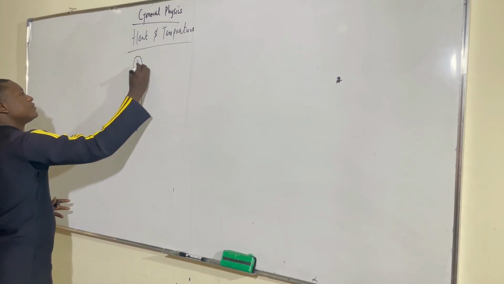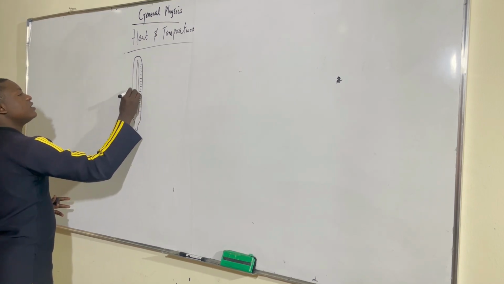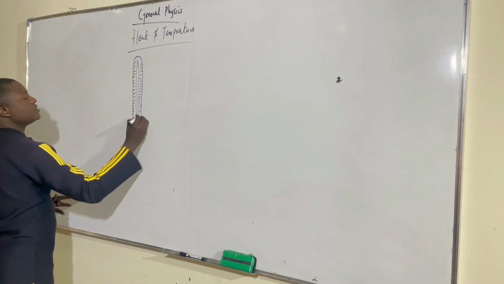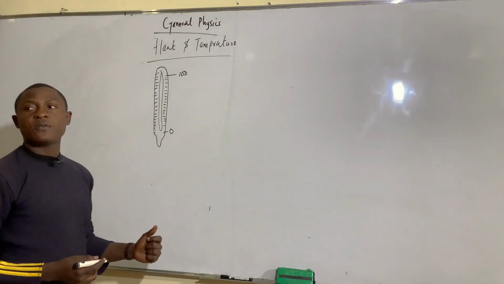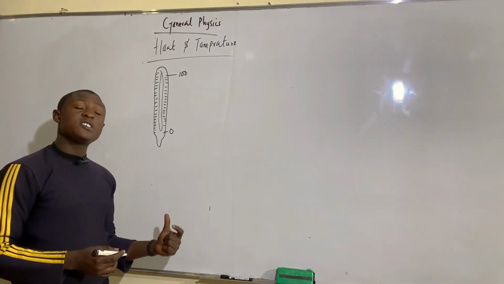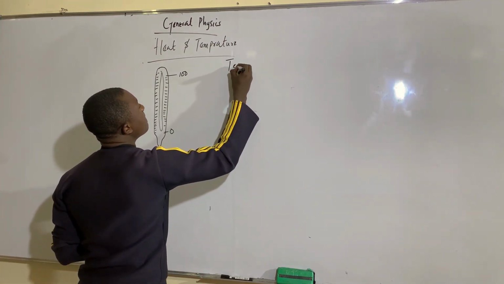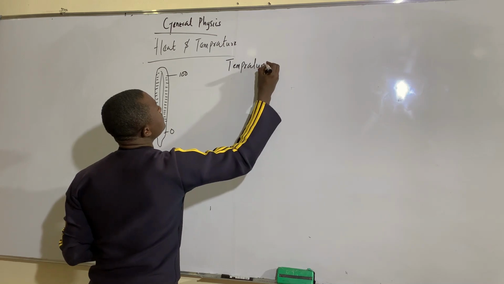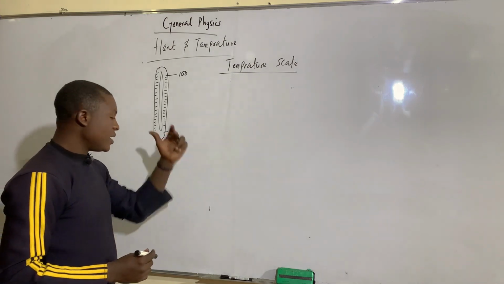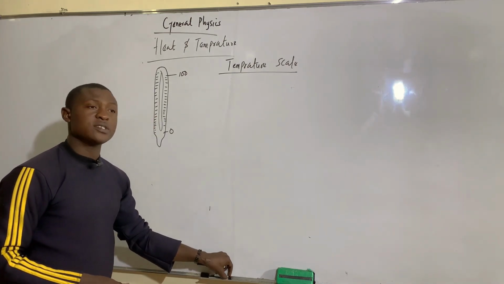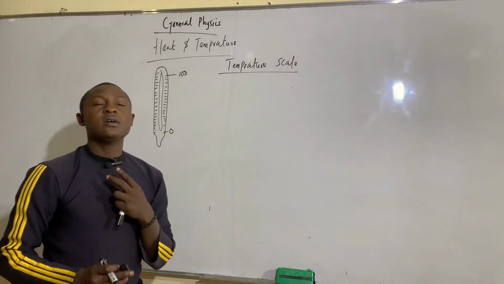Let's say it started from 0 or any number, and maybe it ended at 100, for example. So where it started from is what we call the lower fixed point, and where it ended is what we call the upper fixed point. So each unit that we talk about has its own specific scale.